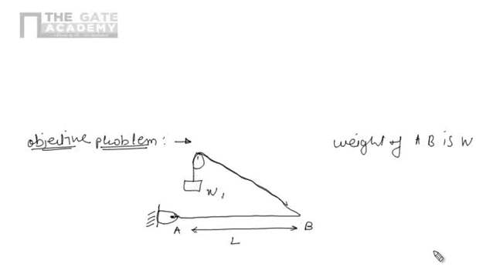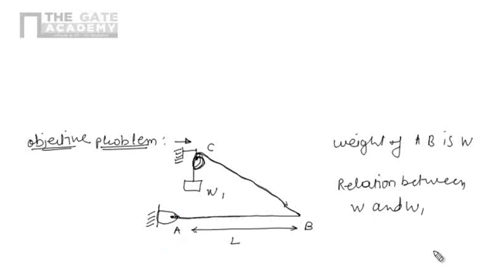At B, the massless string passes over a frictionless pulley at C. If the rod is in equilibrium, then we have to find out the relation between W and W1.